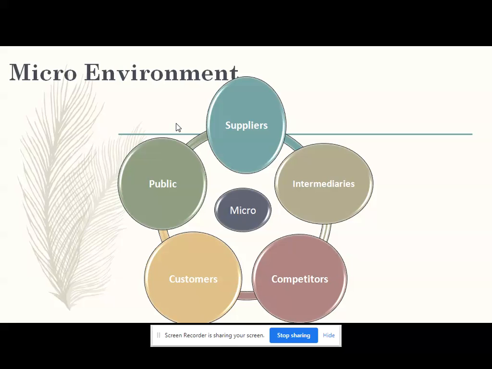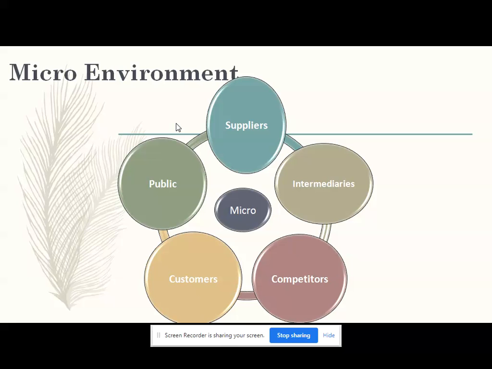We can have control over the customers. That means whatever customer satisfaction or customer loyalty we want to achieve, we can have something in our hand. Intermediaries, that is our wholesalers and retailers, through which we are reaching the ultimate customers, we can also control.